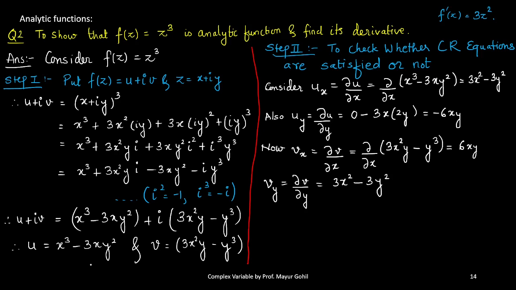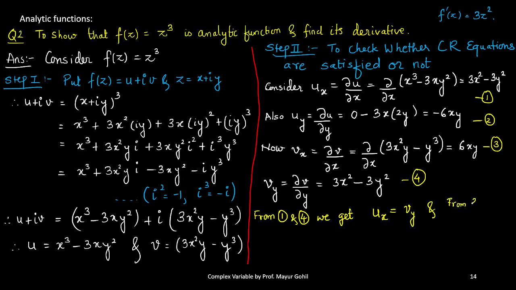Now we can label them quickly. From 1 and 4 we see that u suffix x equals v suffix y, and from 2 and 3 we get that u suffix y is the negative of v suffix x.